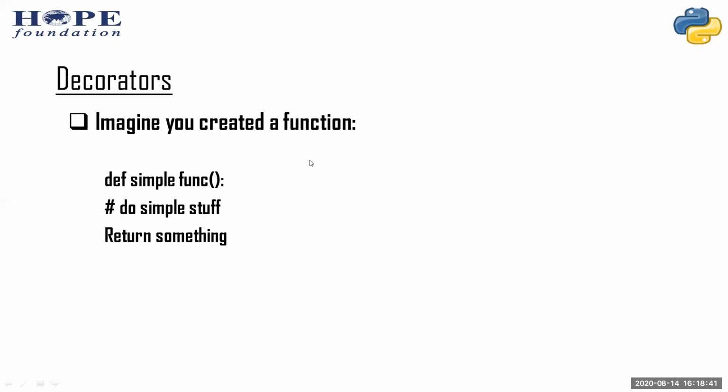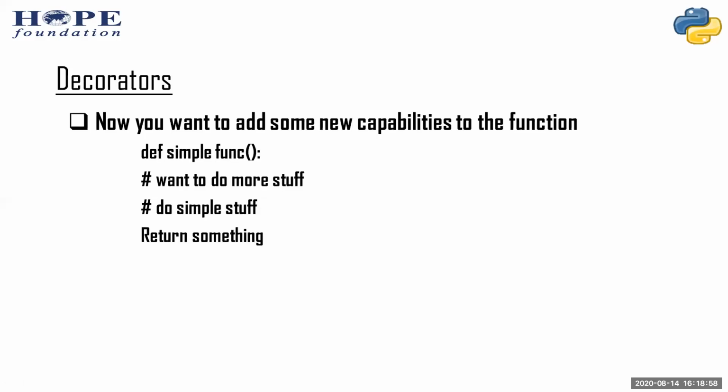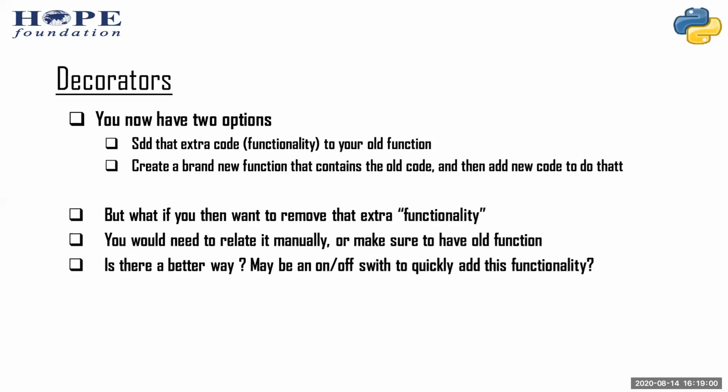So this is a simple function, right? Now we want to add some capability to the function. You need to give some decorations. Decorations means we can add some more features to that function, so you can use a decorator.